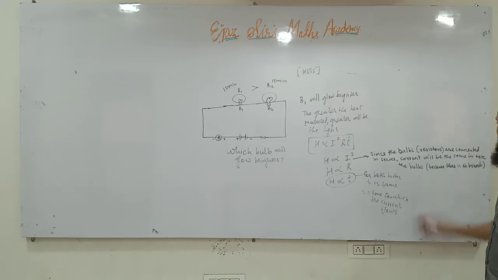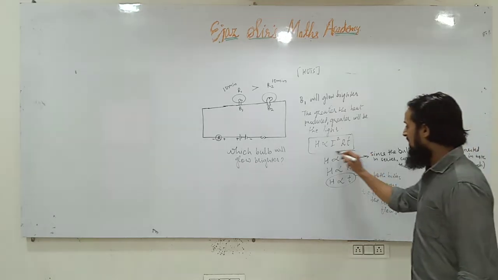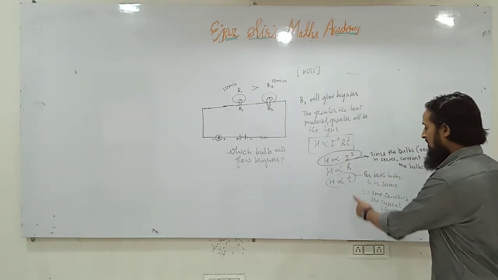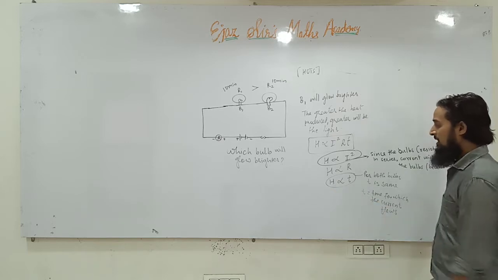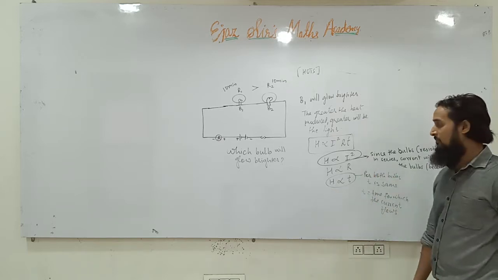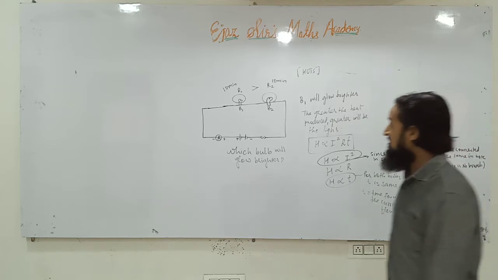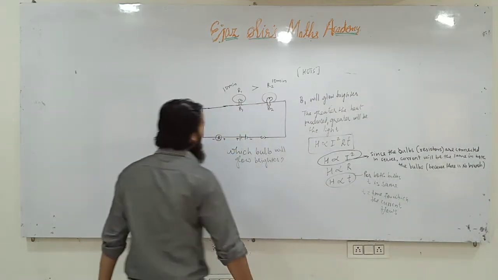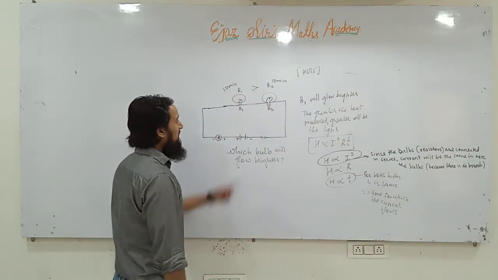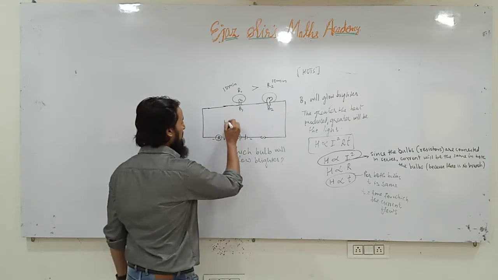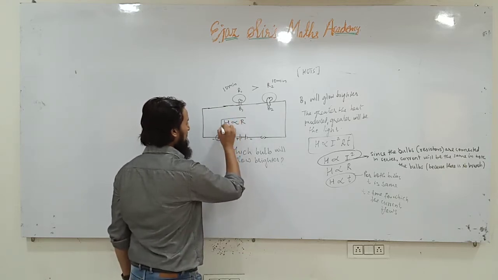Now see, since the bulbs are connected in series, current will be the same in both the bulbs. For them current is the same, so heat will be the same. Time is the same, so heat will be the same. But their resistances are not the same. Resistance of bulb 1 is greater. Therefore, more heat will be produced. Heat produced is directly proportional to resistance.